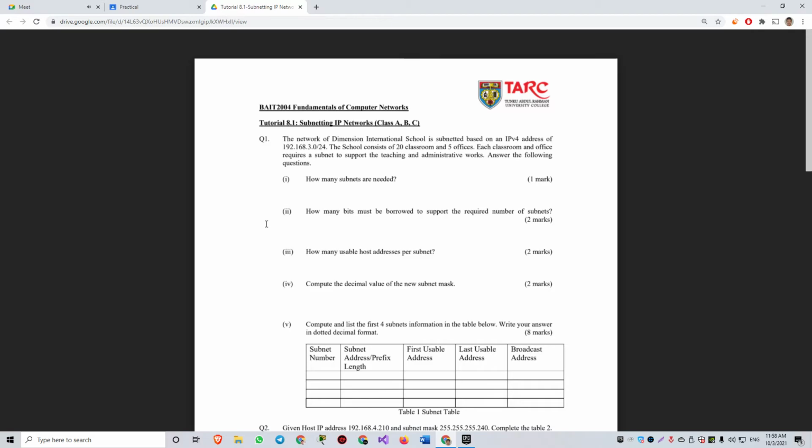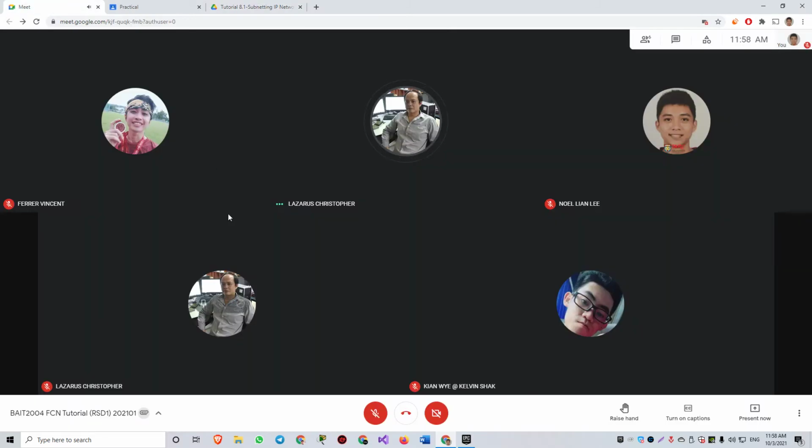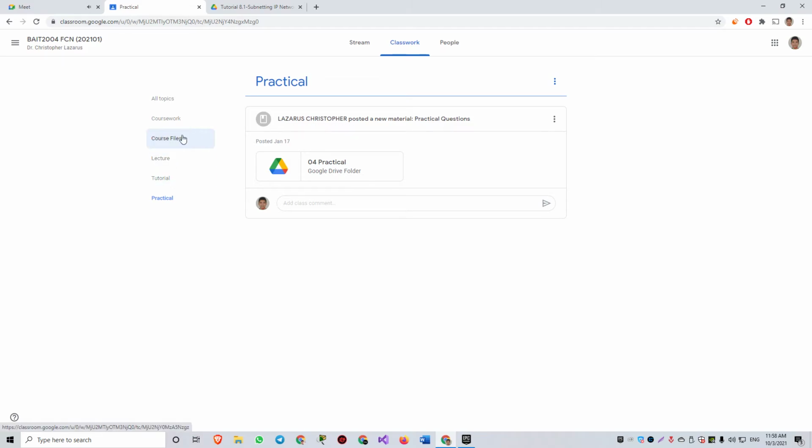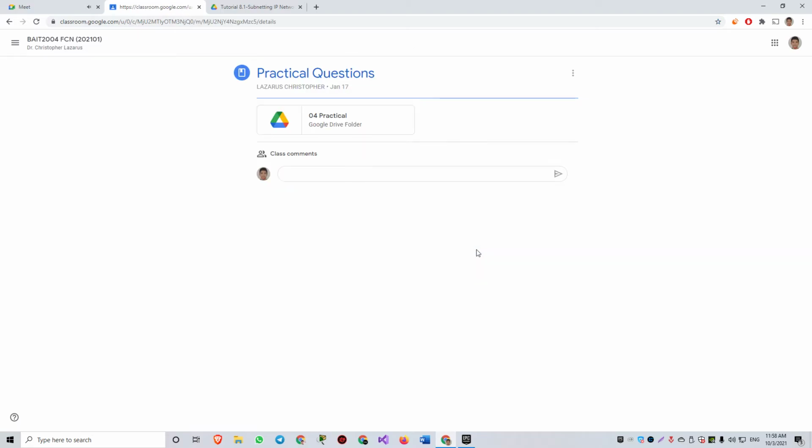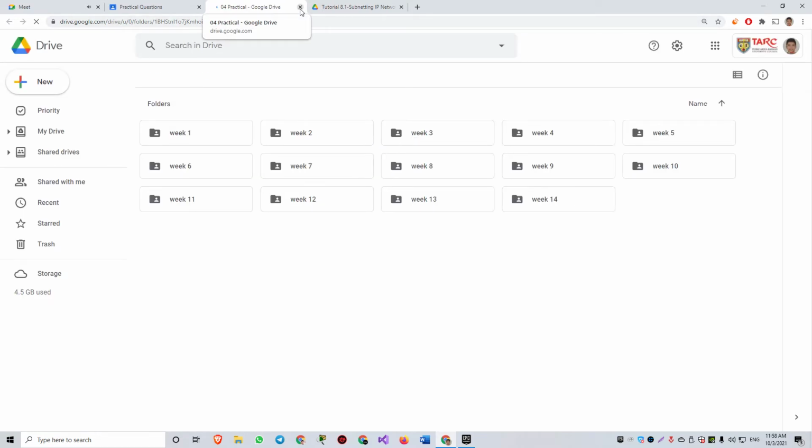So if you need 25 subnets, how many bits would you need? The formula for how many bits is the opposite, log base 2. If you put 25 there and you press calculate, how many bits do you see?